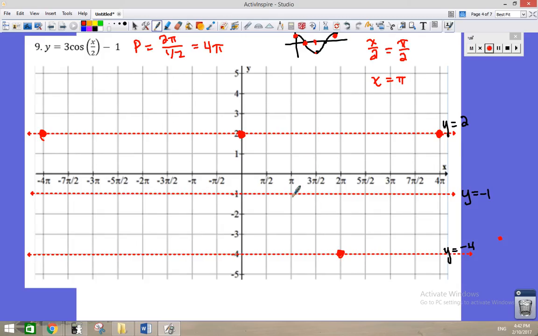So here at pi, I'm at my center line. Everything's making sense. Now, the next time I'm at my center line is half a period away. Half of 4 pi is 2 pi. Pi plus 2 pi is 3 pi. So here I have my 5 major points.